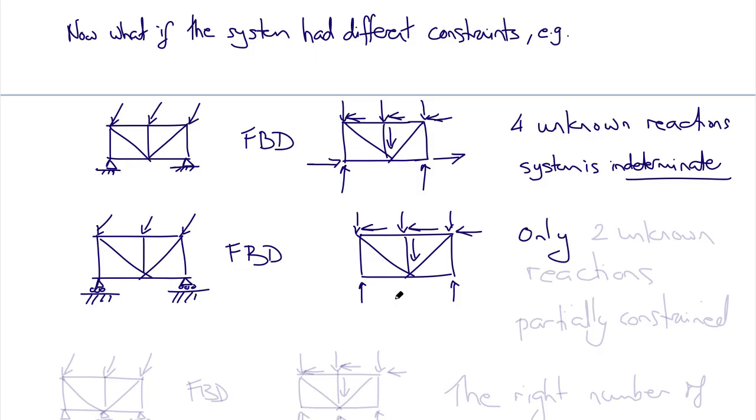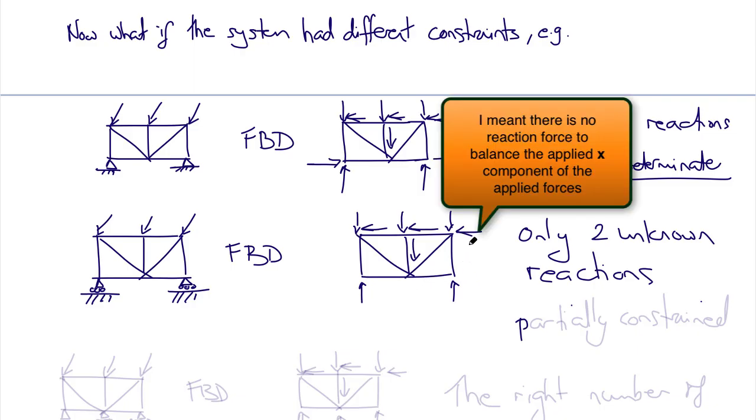So now we have more conditions to meet than unknowns to meet them, and so the system is only partially constrained, and in fact cannot necessarily be in static equilibrium because there's no reaction force to balance the applied y components of force on the structure.